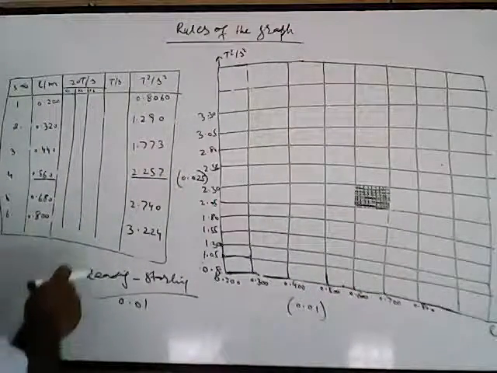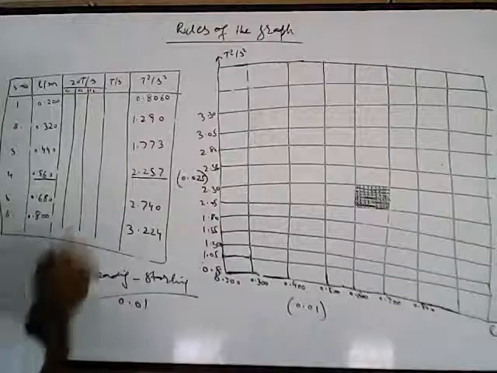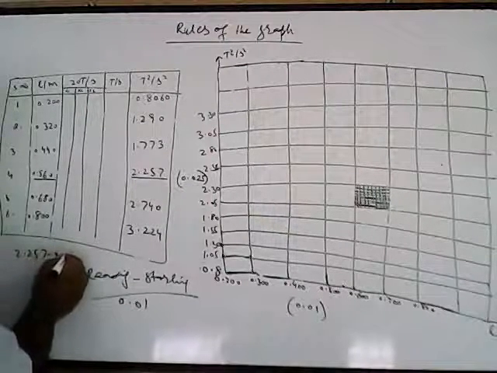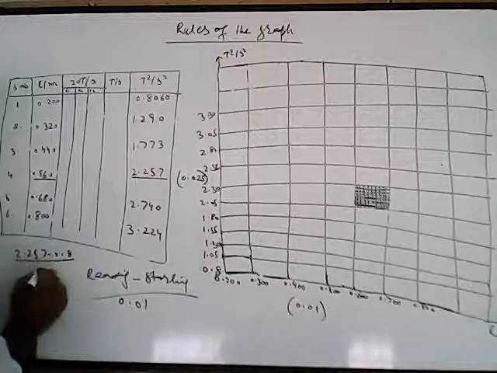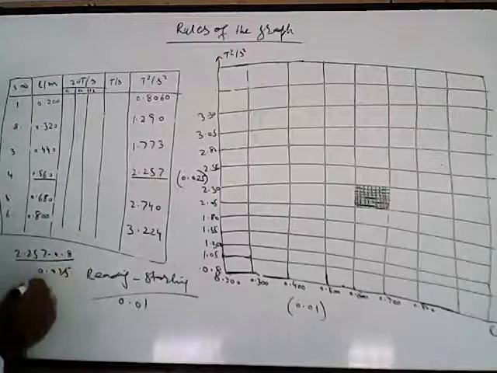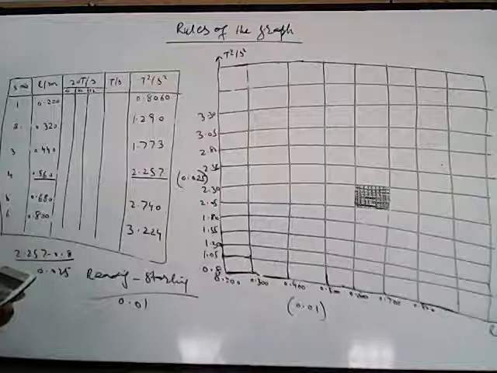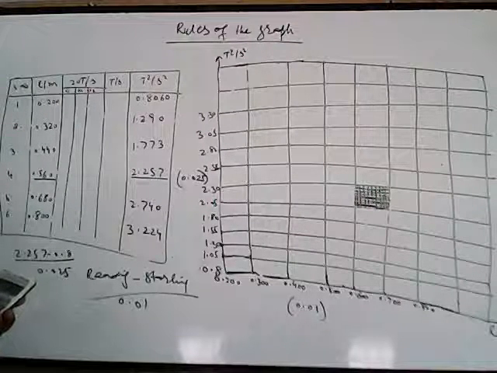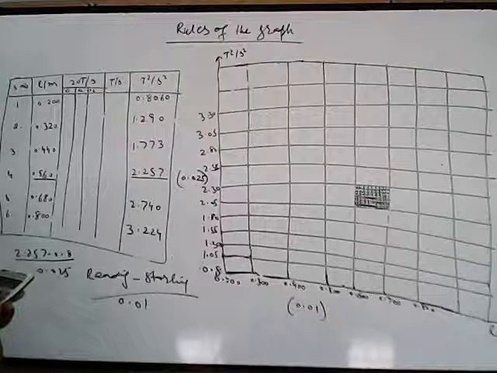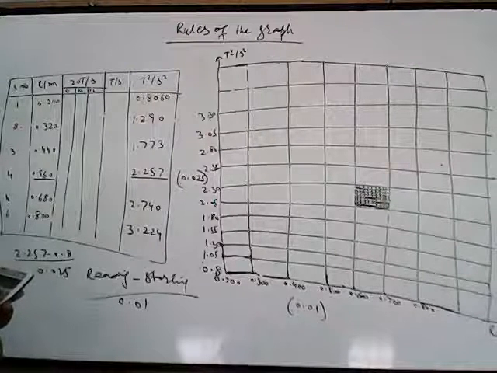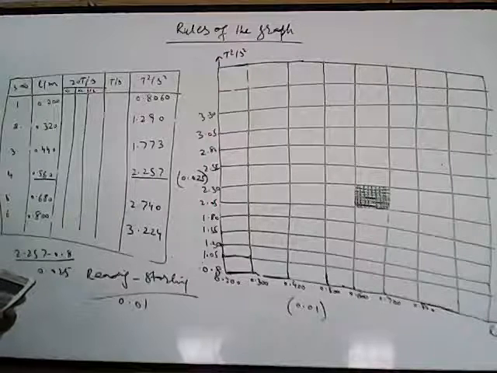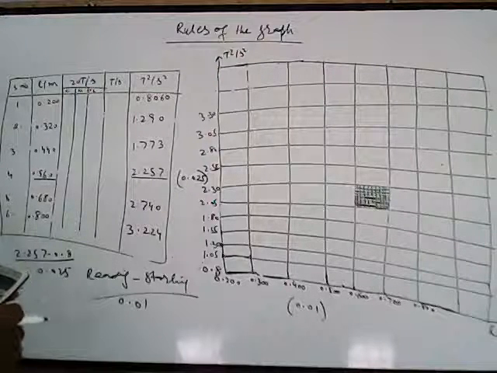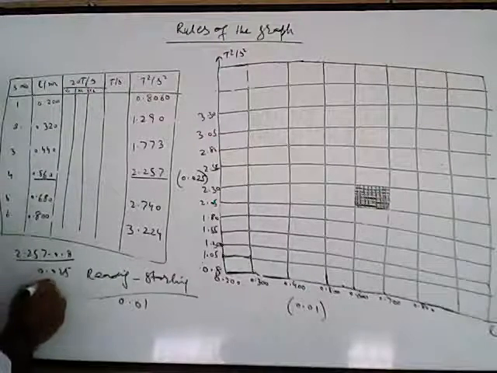Then this is 2.257. So it will be 2.257 minus 0.8 divided by 0.025. The number of boxes comes to 58.28.